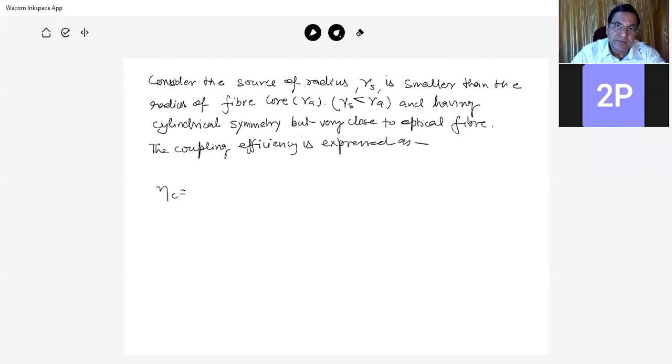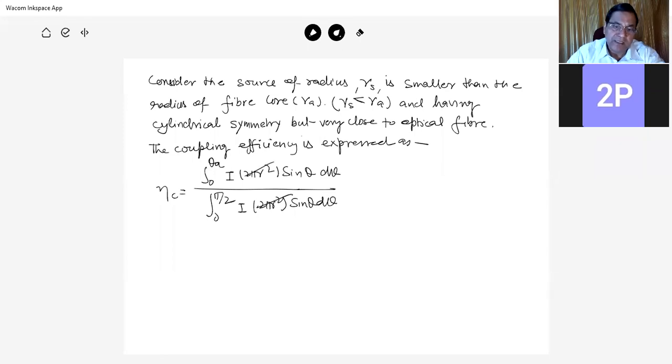eta C is equal to integral 0 to theta A of I 2 pi r square sin theta d theta upon integral 0 to pi by 2 of I 2 pi r square sin theta d theta.